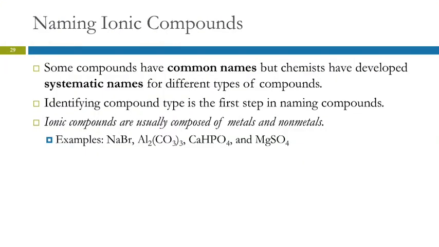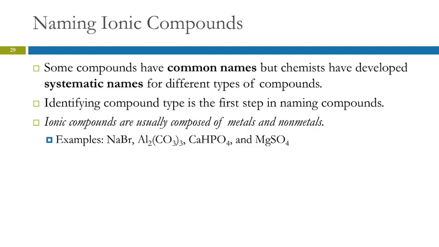Okay, that's how we write formulas. How do we name them? Some compounds have common names. They're just like nicknames. Everybody uses them. Water is an example. Water is not the systematic name for H2O, but it's the one that everyone uses. Some compounds have multiple common names, and so that can get confusing.